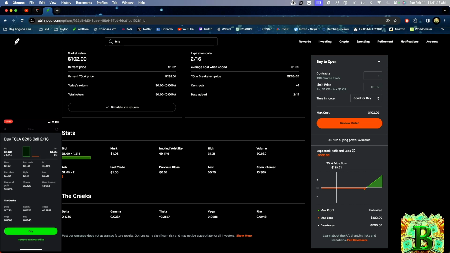Theta benefits more the option seller, the one who's selling you the option. They want your contract to go to zero because you've already paid them the premium, and it's in their best interest for this thing to go to zero. That means they don't have to supply you back any more funds. They've held on to your money and yours went worthless.